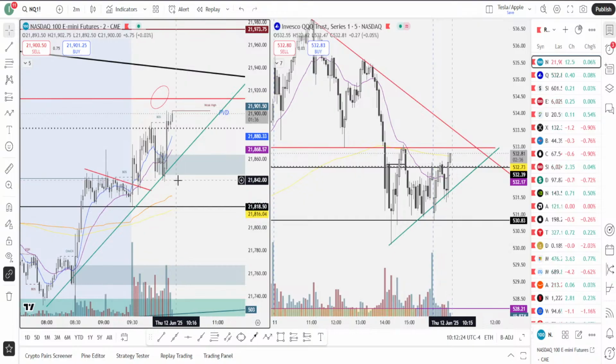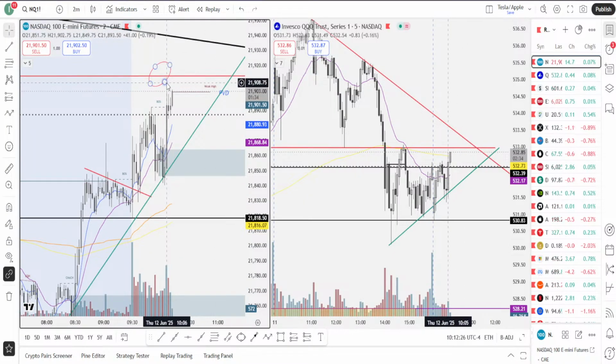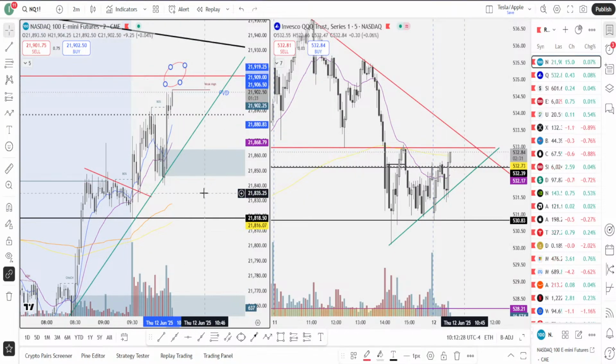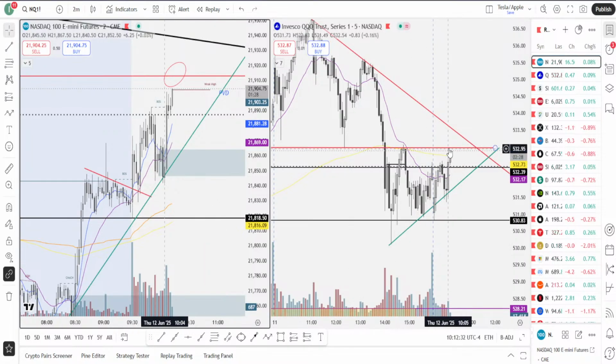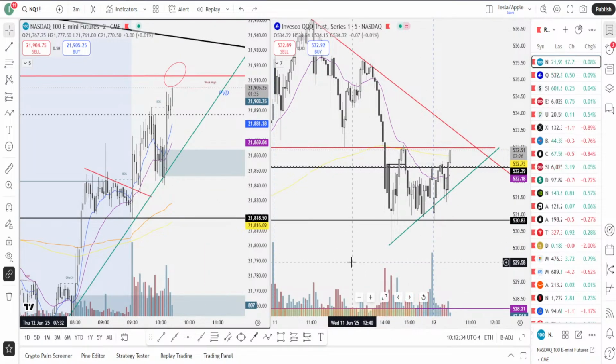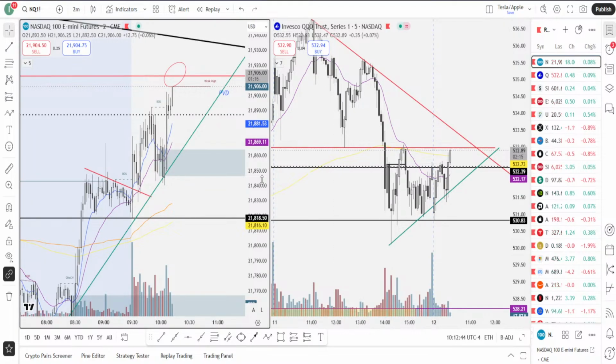Still going up. Headed towards that target. She's going. We're above the 50-minute range now.